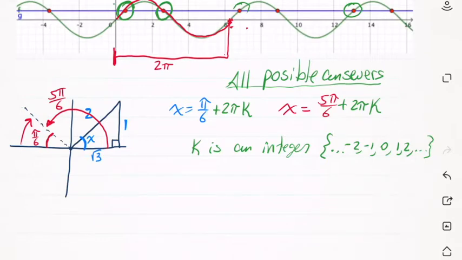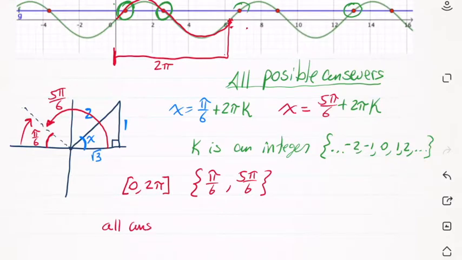So it depends on how the question is worded. Does it want answers between 0 and 2 pi? If it says something like, my answer is between 0 and 2 pi, then the only solution set for this equation is pi over 6 and 5 pi over 6. If it just asks for all answers, then your solution set is going to be pi over 6 plus 2 pi k.